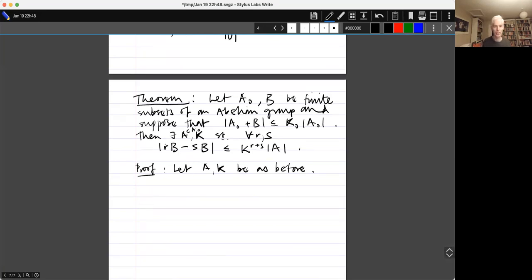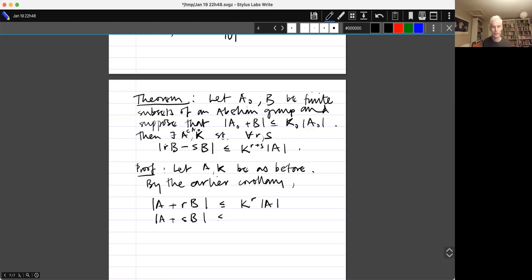So by the earlier corollary, we have that the size of A plus RB is less than or equal to K to the R times the size of A, and A plus SB is less than or equal to K to the S times the size of A.